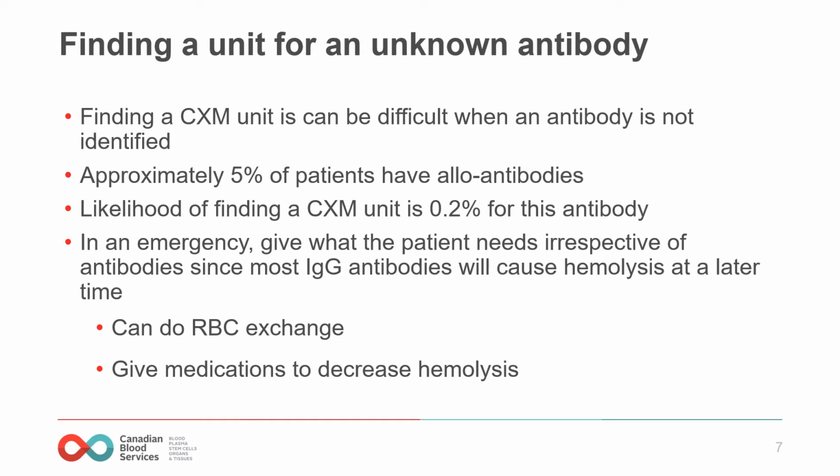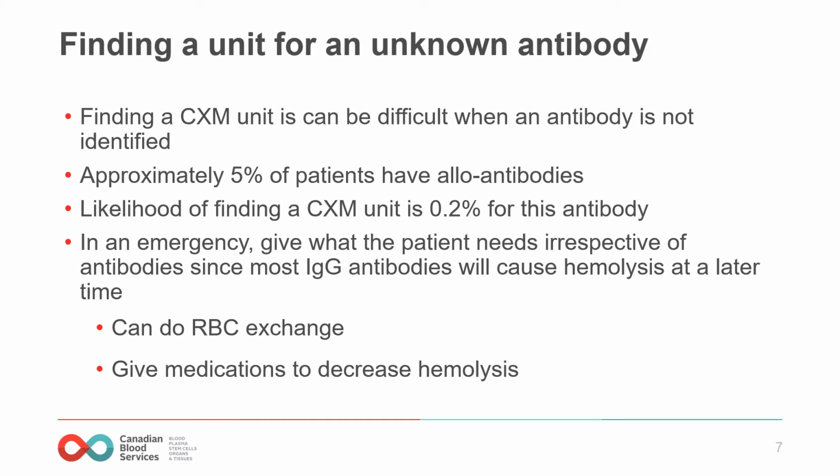Finding a cross-match compatible unit can be really difficult when an antibody is not identified. Approximately 5% of patients have alloantibodies. The likelihood of finding a cross-match compatible unit is 0.2% for this antibody.